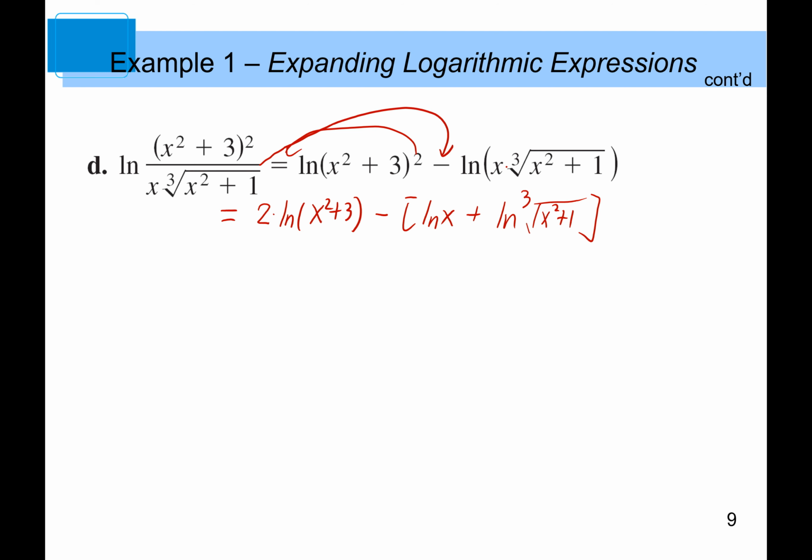Now we're going to simplify further. 2 times ln of x squared plus 3 minus ln of x. Now turn the cubic root into an exponent, so it becomes ln of (x squared plus 1) to the 1/3. And you make the 1/3 go in front.